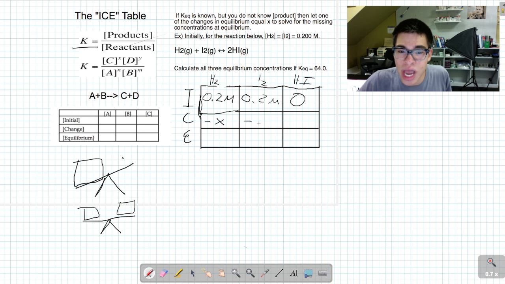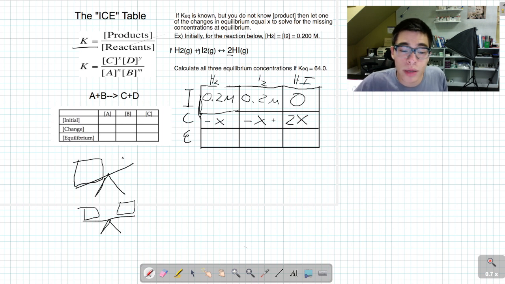And how much HI are we going to gain? Well, there's an imaginary 1 in front of H2, our coefficient, an imaginary 1 in front of I2, and there's a 2 in front of HI. So for every 1x that we lose of H2 and I2, we're going to make 2x of HI. Isn't that nice? 2x.